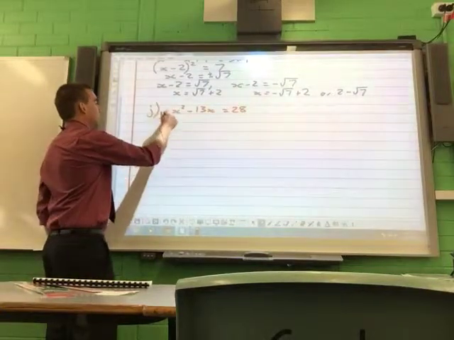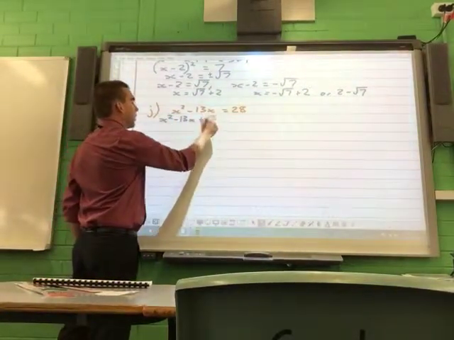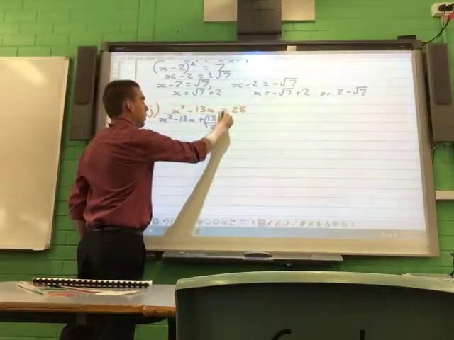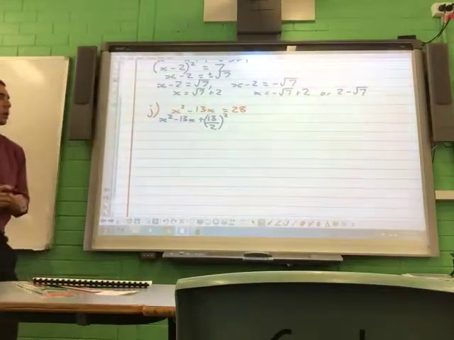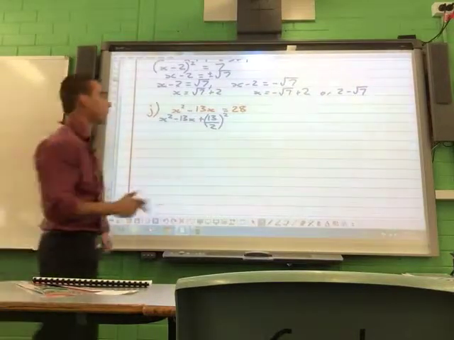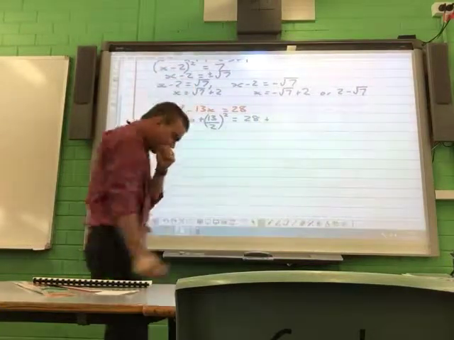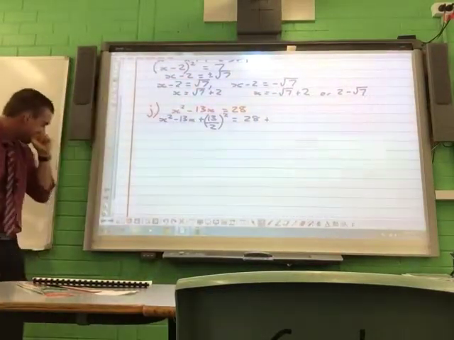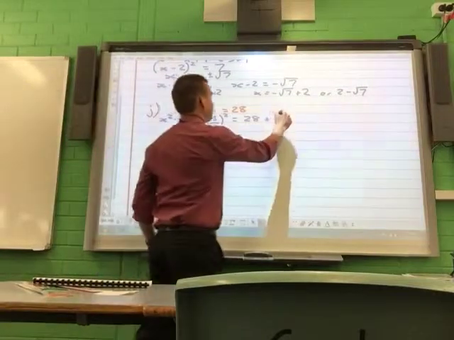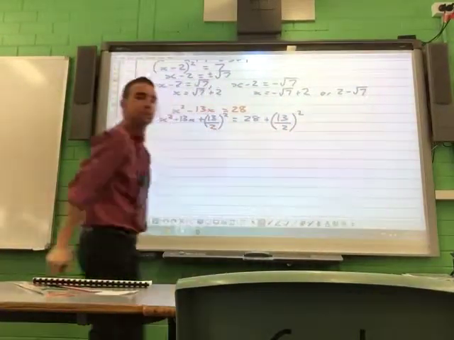So, x squared take away 13x plus 13 over 2 all squared. Now the 13 over 2 doesn't simplify, so we're going to have a fraction when we square it, is equal to 28 plus 13 on 2 all squared.